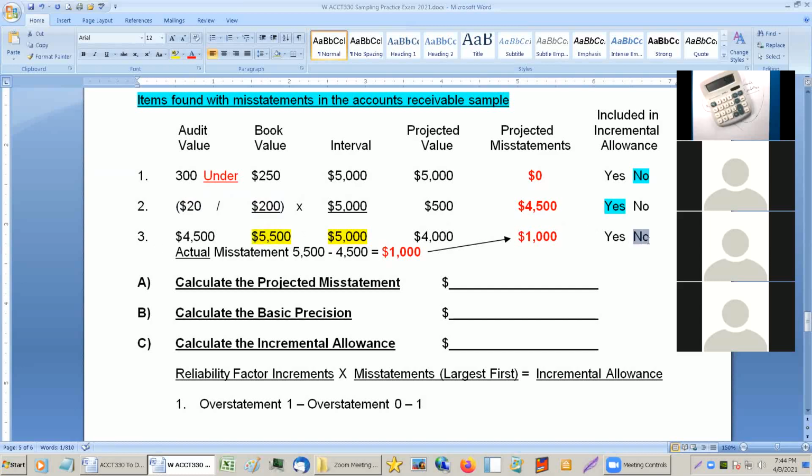And by the way, this is one of the really great things about this method. What were the chances of number 3 being picked? It's 100%.